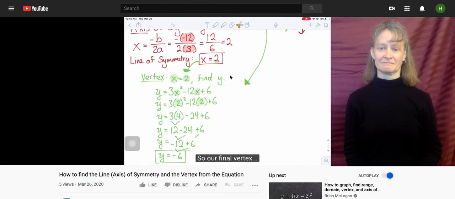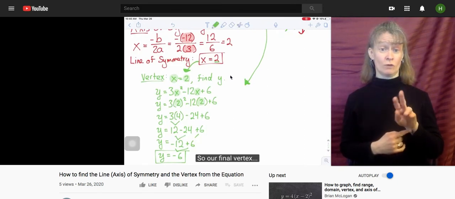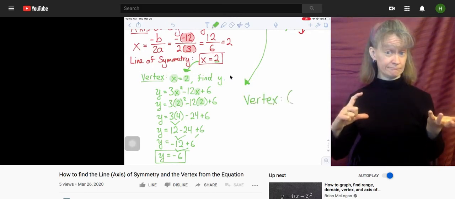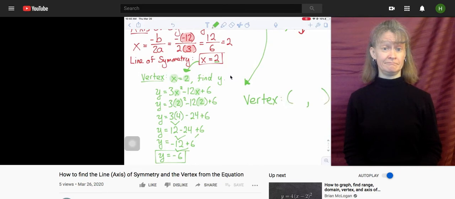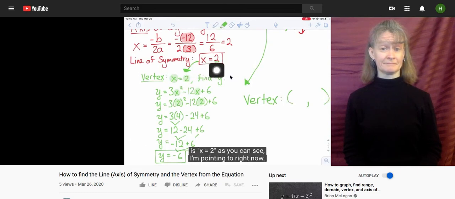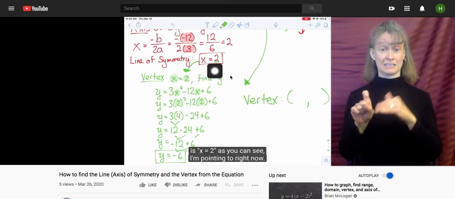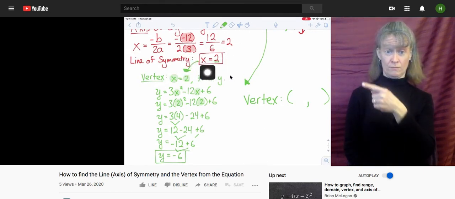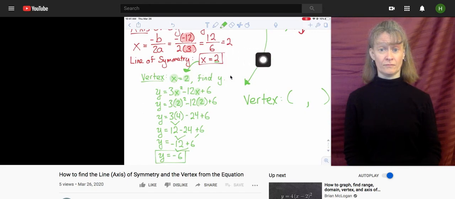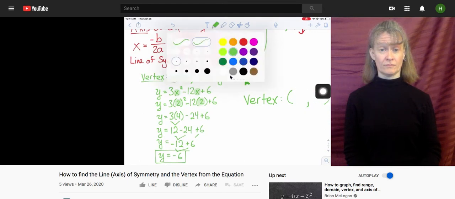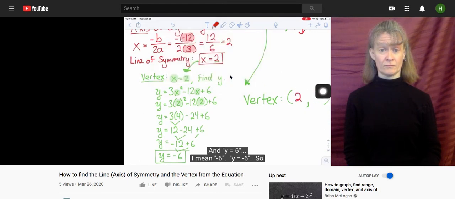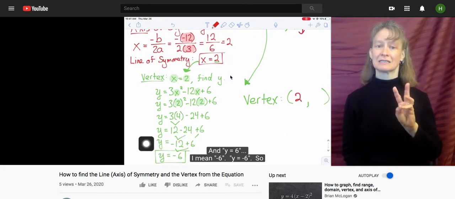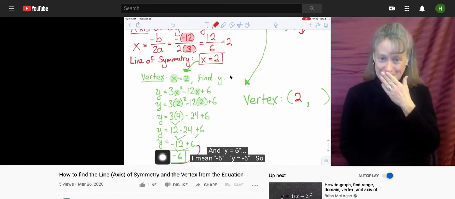So our final vertex is x equals 2, which you can see me pointing to right now. And y equals 6. I mean negative 6. Y equals negative 6.